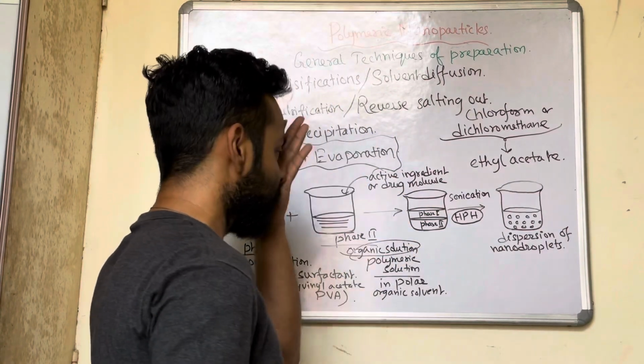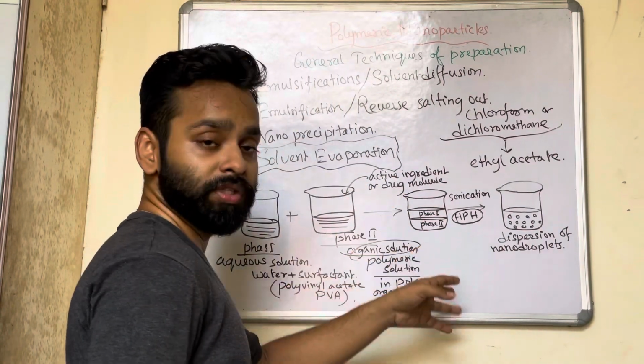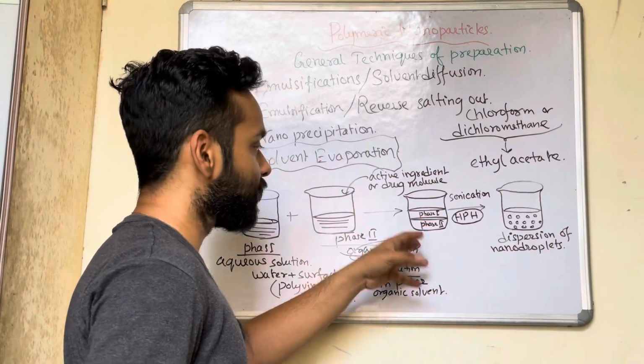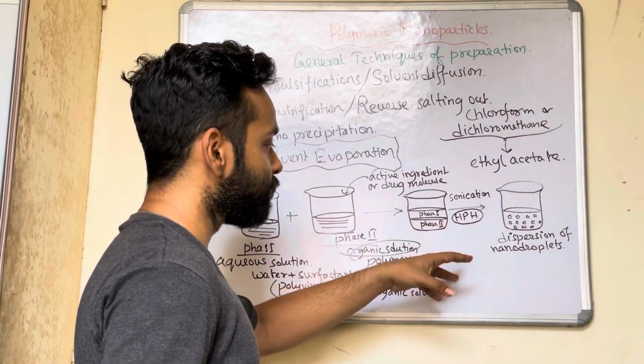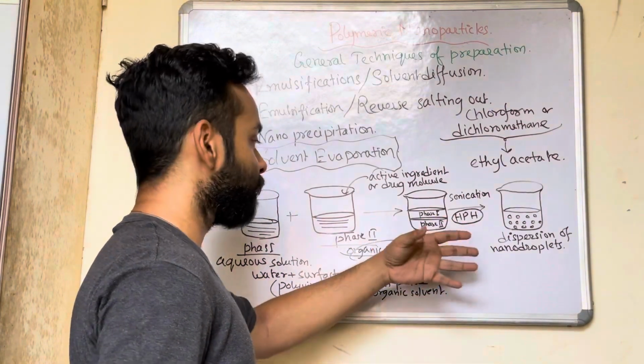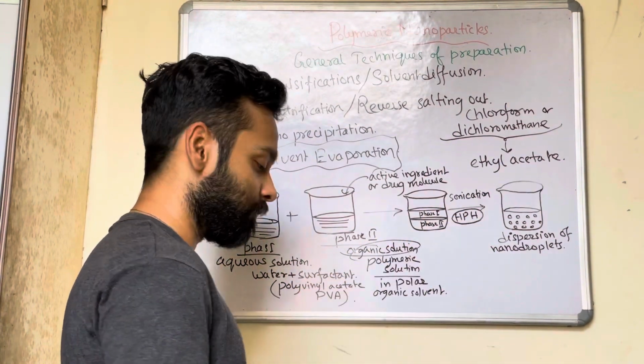So after sonicating or high pressure homogenization, we provide external energy to these two phases so that they can undergo dispersion to give rise to nanodroplets in this suspension form.